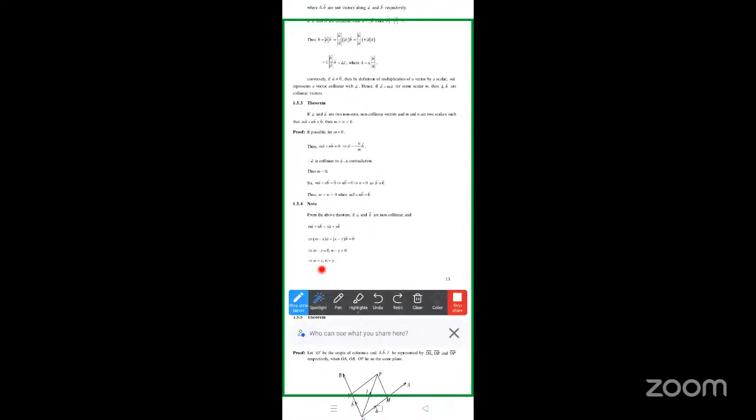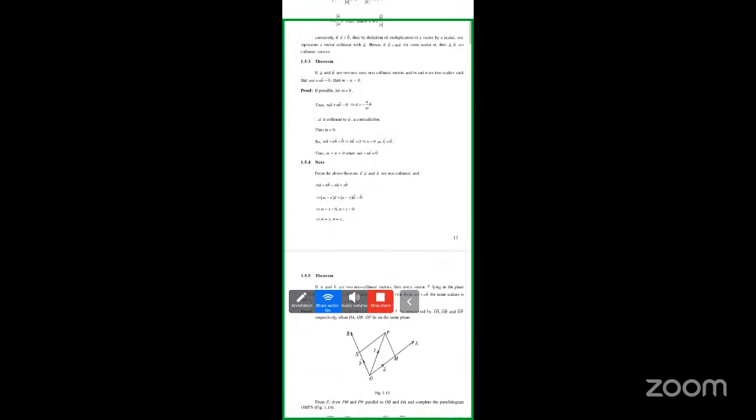Next, from the above theorem, if A bar and B bar are non-collinear, and M into A bar plus N into B bar is equal to X A bar plus Y B bar, we can simplify: M minus X into A bar plus N minus Y into B bar is equal to 0 bar. So M minus X is equal to 0, N minus Y is equal to 0.